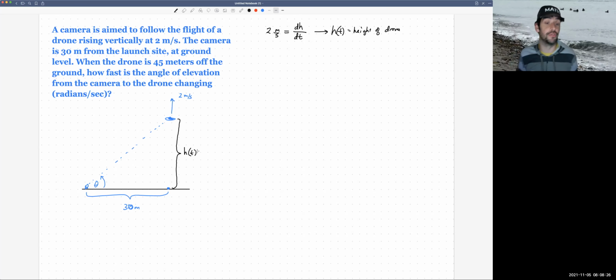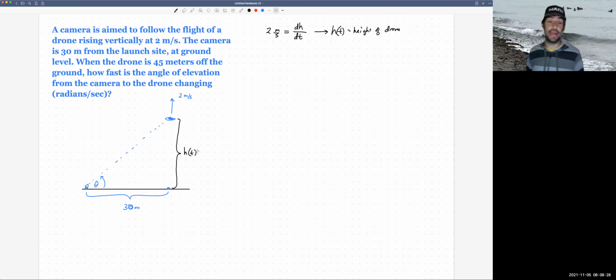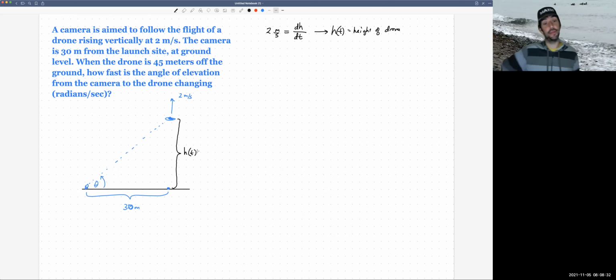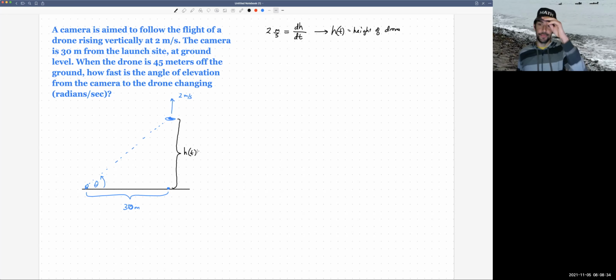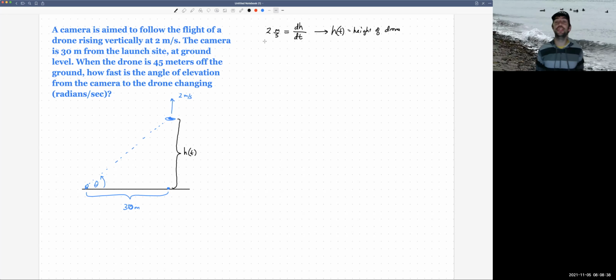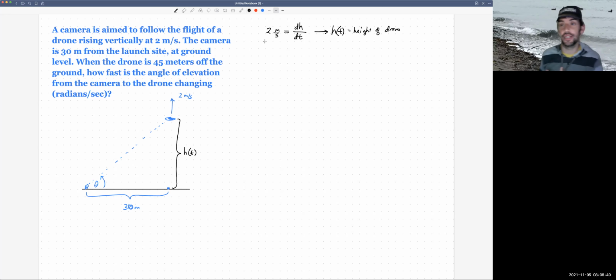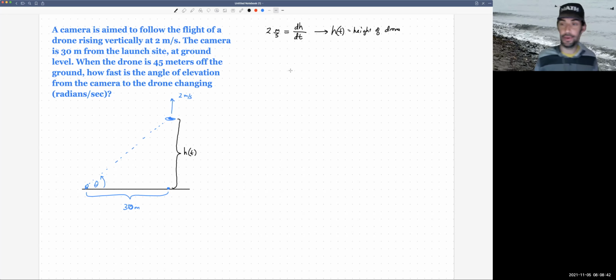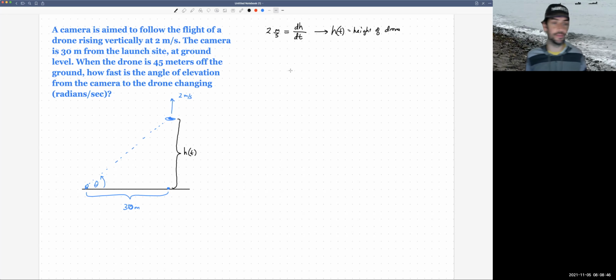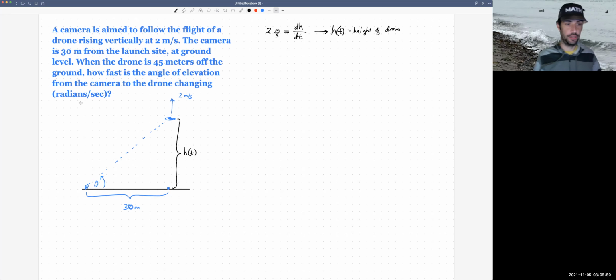And so certainly for this drone, for each second that passes, it has a height, right? So input a time, it has a height. So this height exists, and this 2 meters per second is the derivative of this height function, okay? So that's a pretty big piece of information, okay?